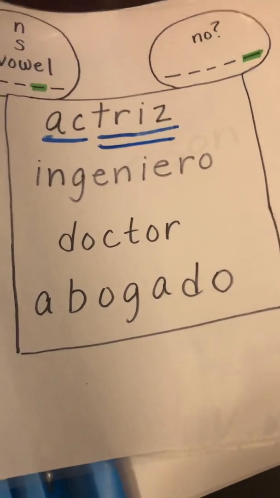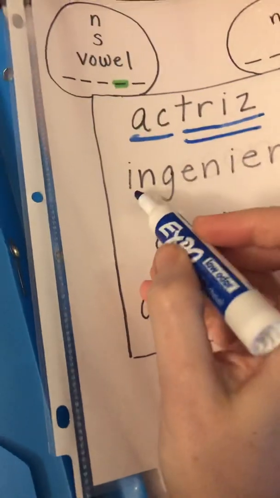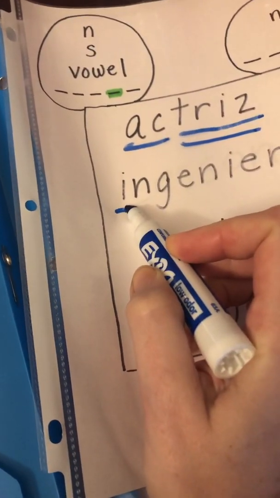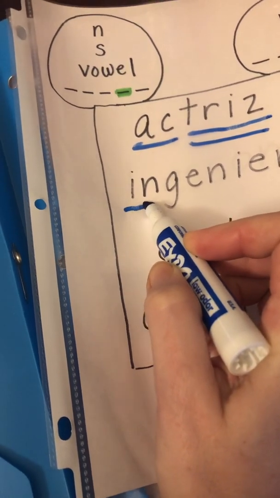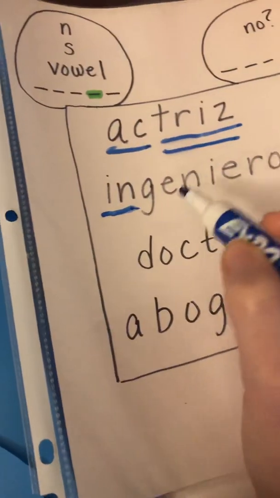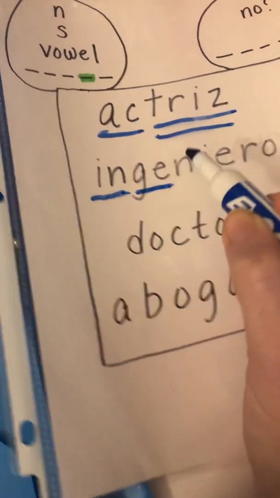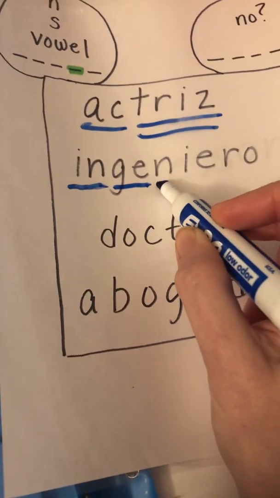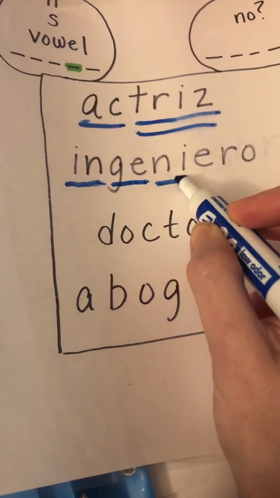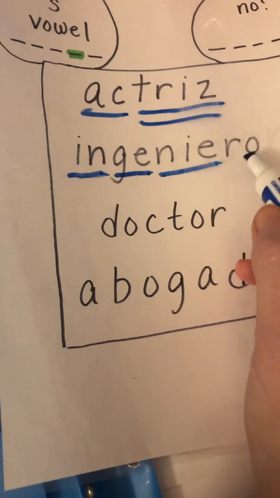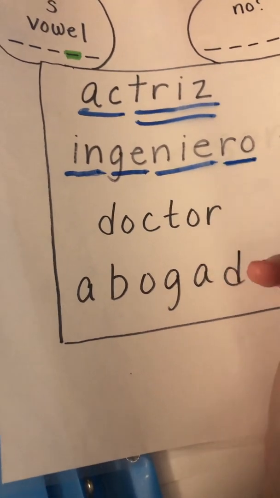Actriz. So for our next word, can we end this with a vowel? We cannot, because we cannot combine the N with the G, so we have to grab the N. So what about this one? Can we end with a vowel here? We can. Can we end with a vowel here? We can, and we have to go all the way to the E, because look, we have a weak I. And then of course our last syllable is here.